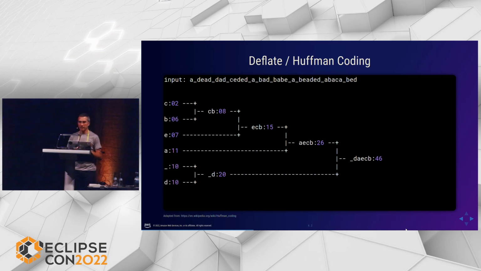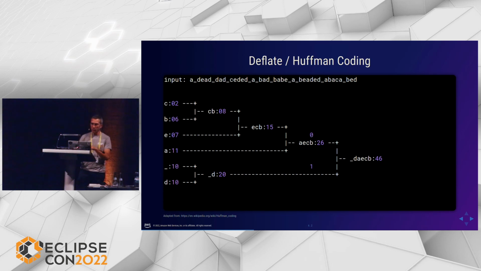And the nice thing about this tree is that characters which occur most often, like A in this case, have the shortest distance from the root to the leaf. While characters which don't occur as often, like C, have a much longer path from root to leaf.